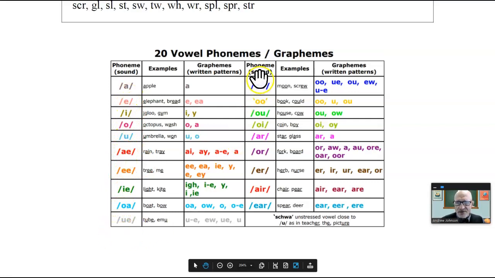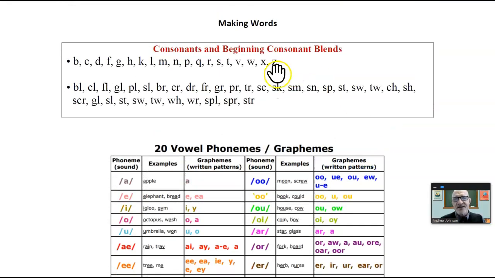Phonemes mean sounds, sound, sound, sound. And here are the graphemes or letter patterns. And I decided I'm going to choose just one, OA, and I'm going to use the OW grapheme to teach that. And to generate a list of words, I have this chart of consonants and beginning consonant blends.